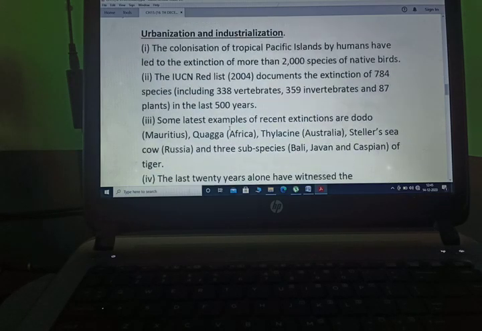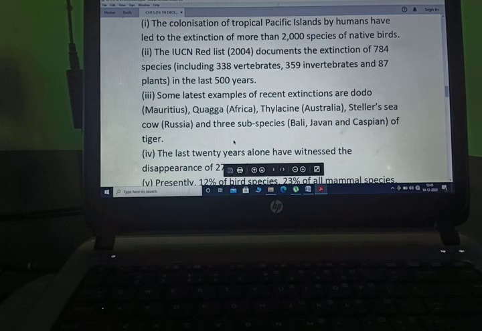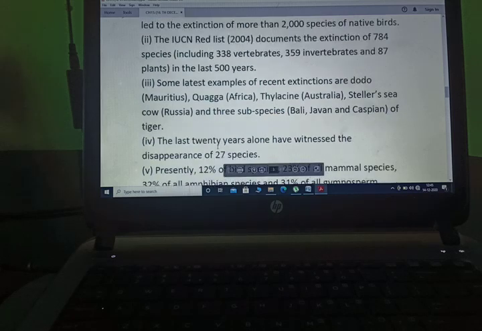Now, urbanization and industrialization. The colonization of tropical Pacific islands by humans has led to the extinction of more than 2000 species of native birds. The IUCN Red List 2004 documents the extinction of 784 species, including 338 vertebrates, 359 invertebrates and 87 plants in the last 500 years.